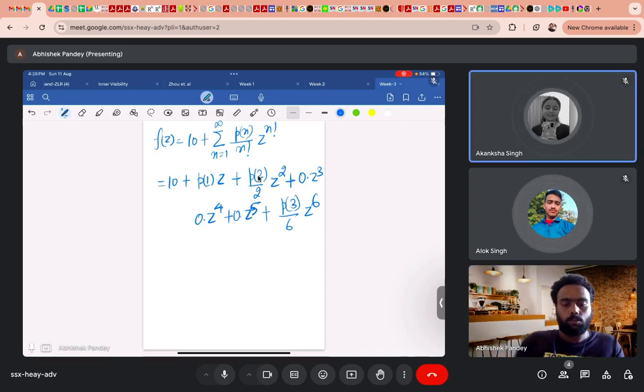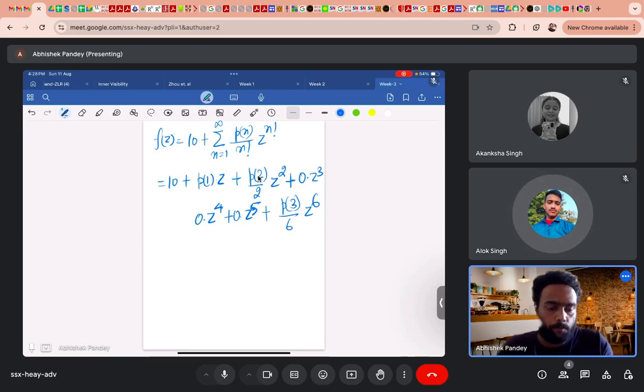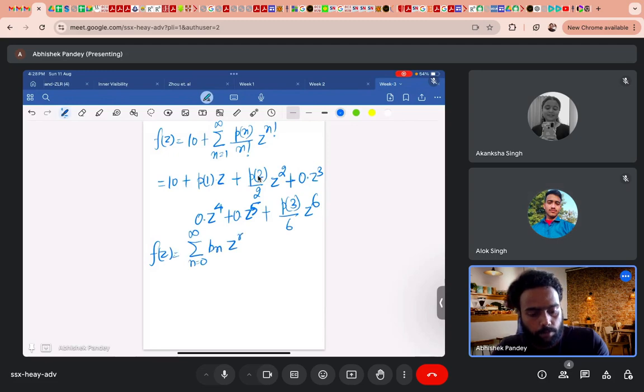So these terms are 0. So if we want to define f(z) like this one, summation n equals 0 to infinity b_n z to the power n. Here just see, this is z to the power n. So what would be b_0? It will be 10. What would be b_1?